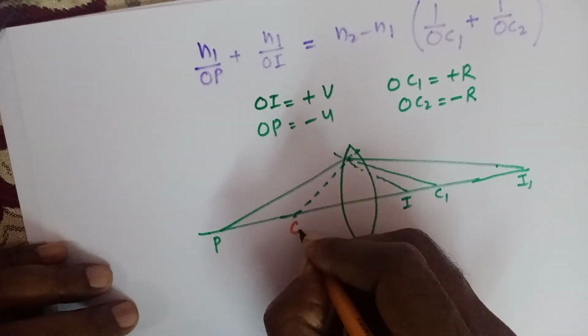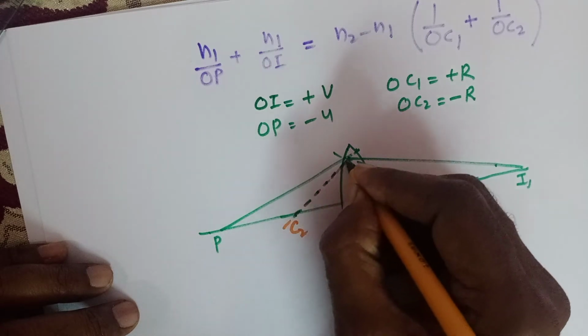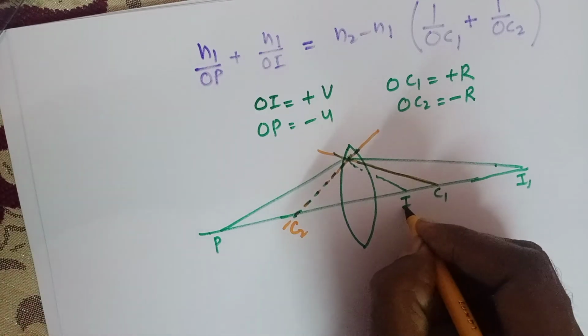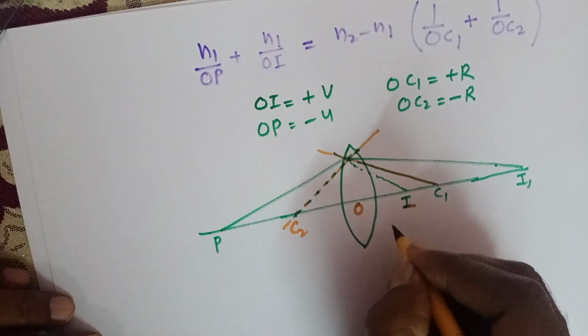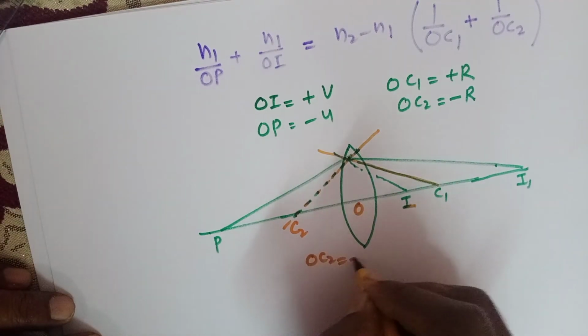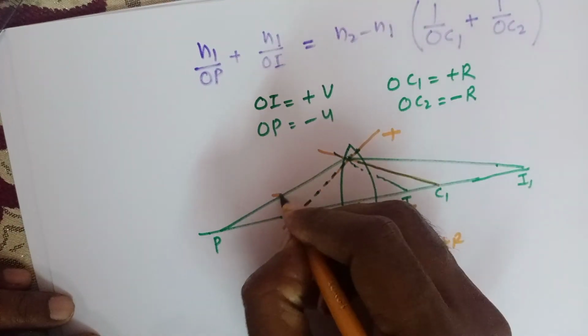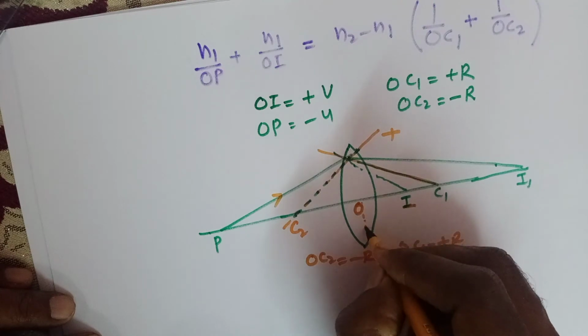This normal is C2. C2 is the normal for this surface, C1 is the normal for this surface, I is the image. So this is O. So OC2 will be minus R2, OC1 will be plus R1. This direction is plus.